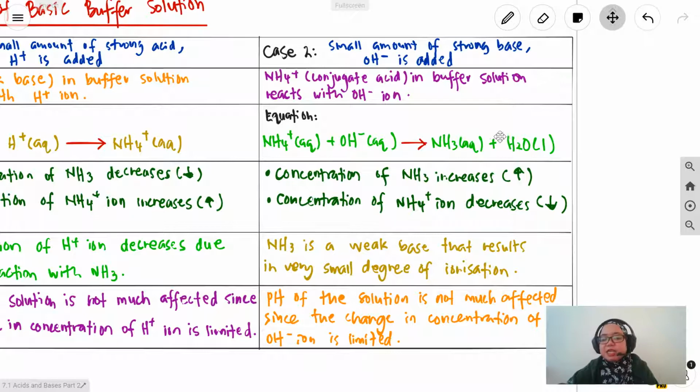Okay, limited, because if you look at it, the formation of NH3 and NH4+ also top up each other. So there is not much difference in the concentration of OH-. So the pH will remain as it is. Okay, it's just very small changes which don't really matter. Okay, so it will maintain its pH as it is.